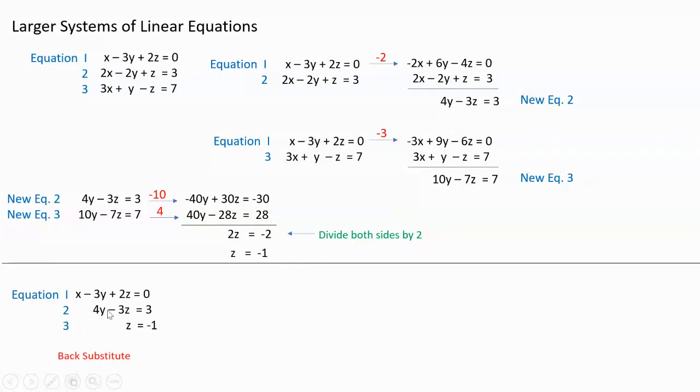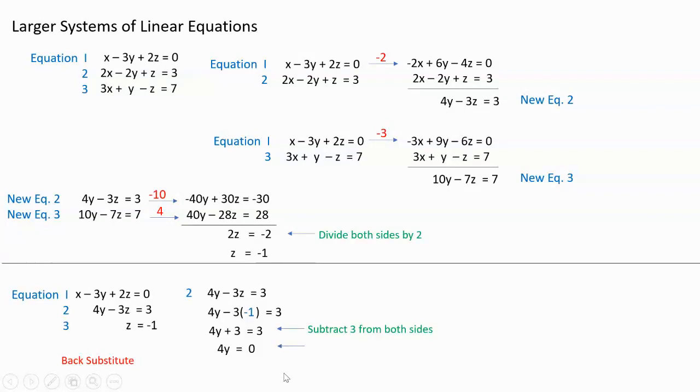So I'm going to go back and plug in negative 1 for z on equation 2. Right, so that's my z, negative 1. So we have 4y plus 3 equals 3. We subtract 3 from both sides. So it's going to give us 4y equals 0. We divide both sides by 4. So y equals 0. I already found my z and my y. Now I go back to equation 1.